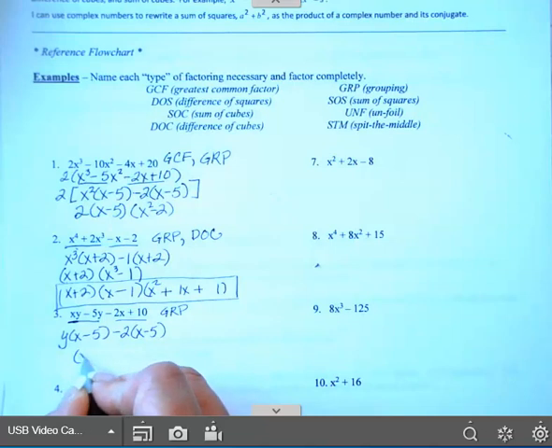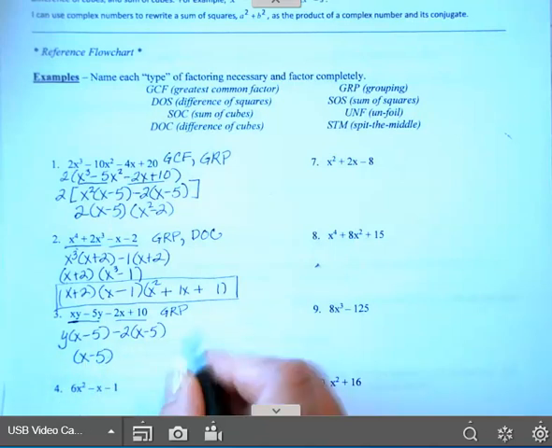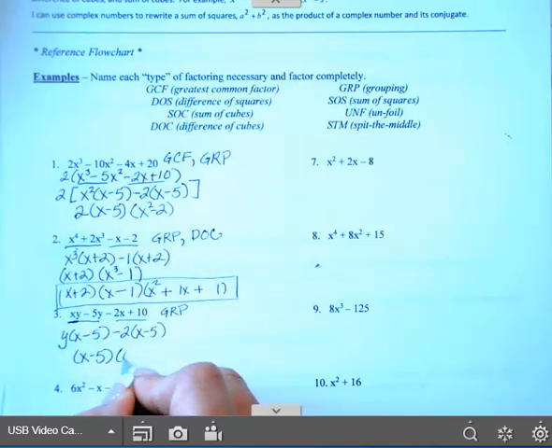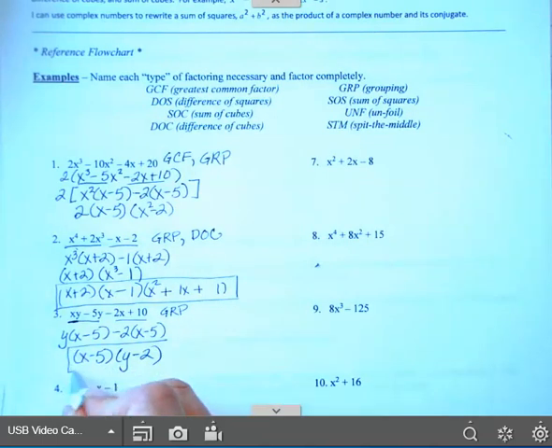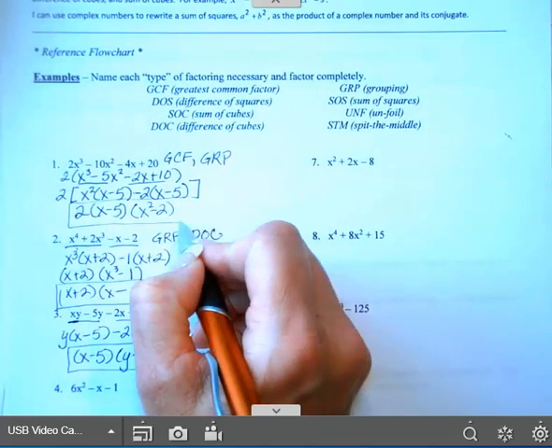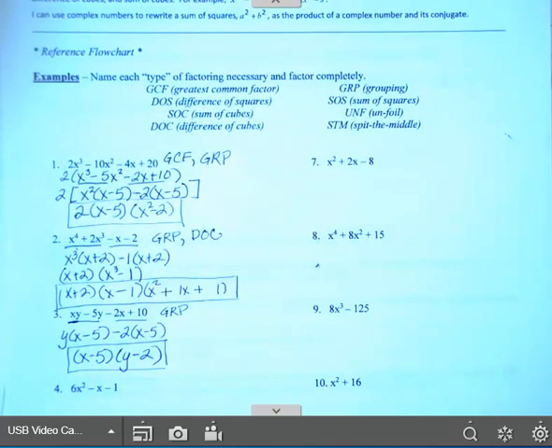These each now have an x minus 5. And when I take the x minus 5s away, I'm left with y minus 2. Those are both variables to the first power, so I have linear factors here, and I am done. So I just used grouping on that one.